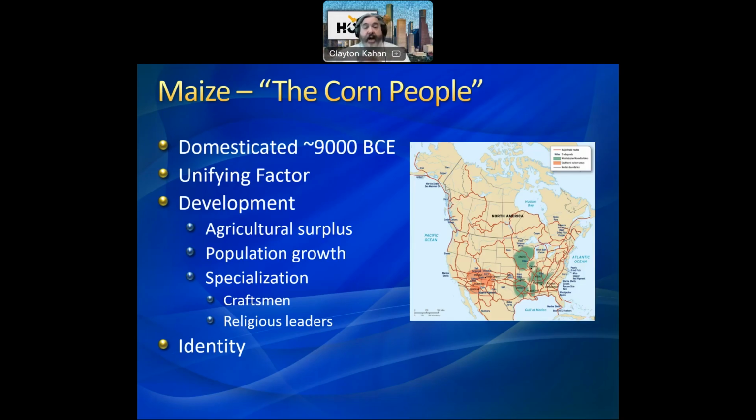Now, if we contrast that with what's going on in Europe during this era, there's not a lot of population growth because Europeans do not have a staple crop like maize to feed or sustain a growing population. And before any of you start thinking, well, what about potatoes in Ireland or potatoes in Russia or someplace like that?